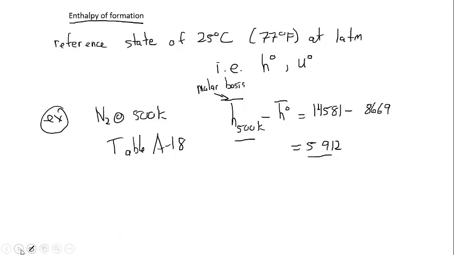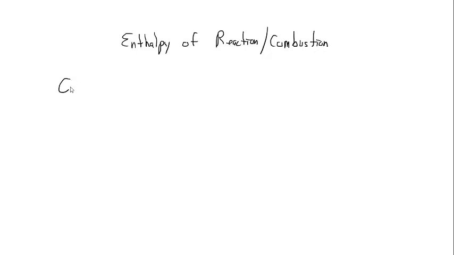The next thing we're going to look at is enthalpy of reaction, or enthalpy of combustion. We have here that the total Q released from a combustion process is going to be the enthalpy of the products minus the enthalpy of the reactants.